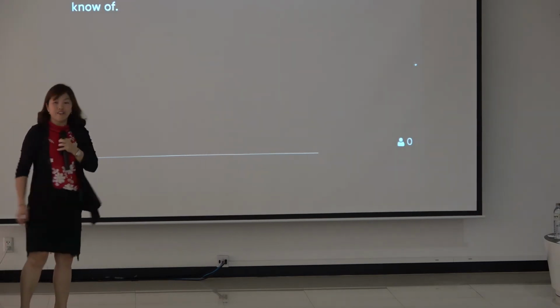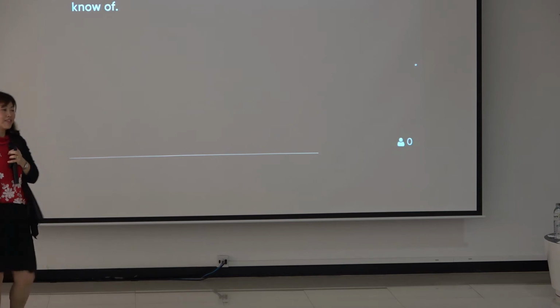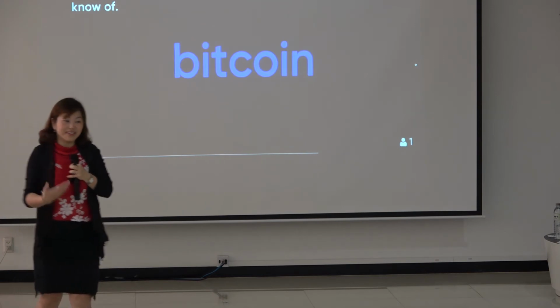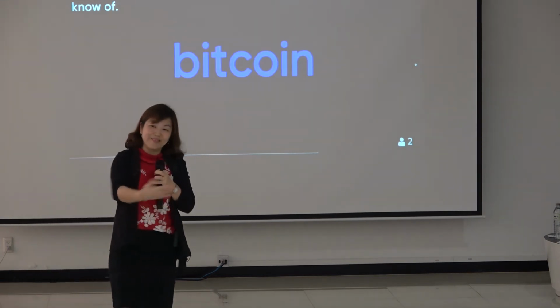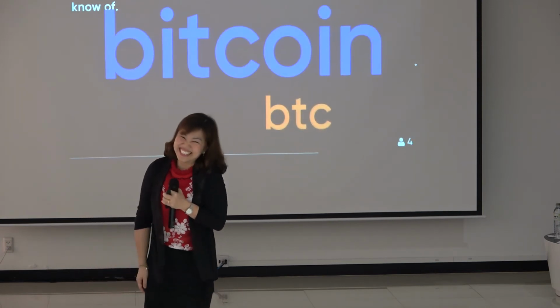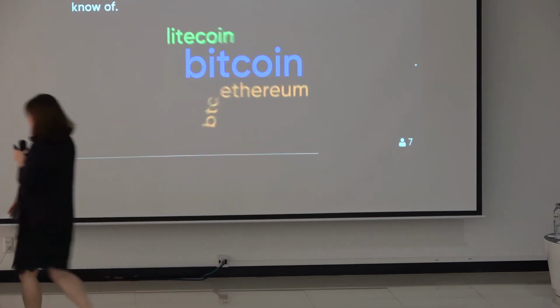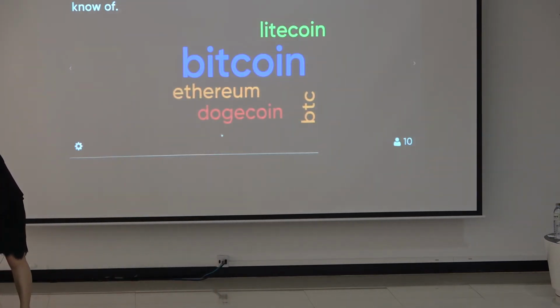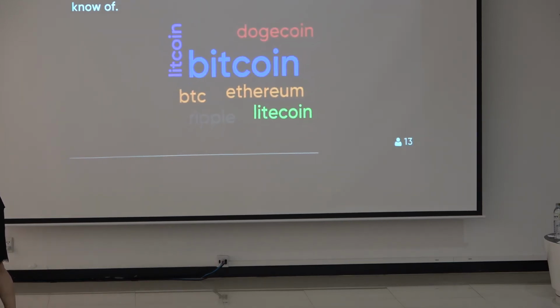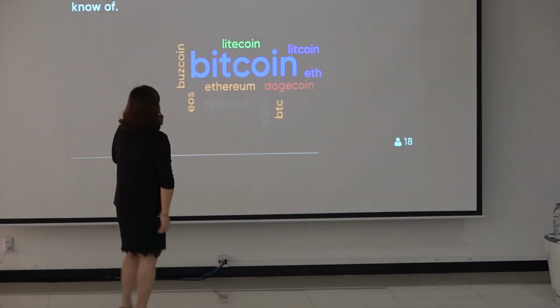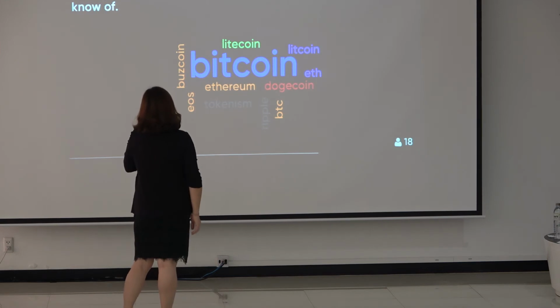This one you don't have a score, but I just want to get some things from you. Give some names of known cryptocurrencies. Only the names that you know, don't make up some currency of your own. Litecoin. Dogecoin.